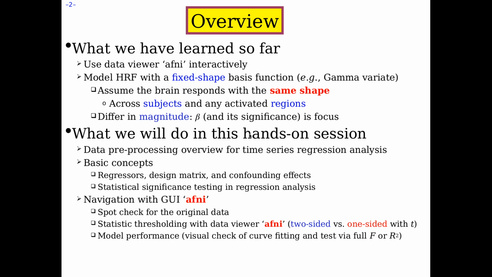So we'll assume a very fixed shape response, and the only thing we are estimating is the magnitude of that response. The magnitude for that response is a beta weight, and along with that beta weight, we get maybe a t-stat for its significance. In this hands-on session, we'll discuss pre-processing steps lightly. We'll go into that in more detail in the start to finish class.